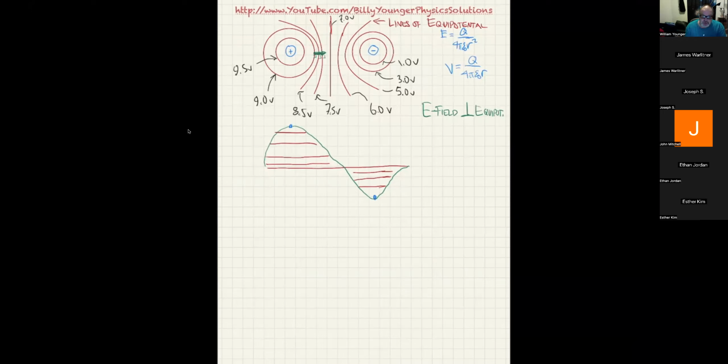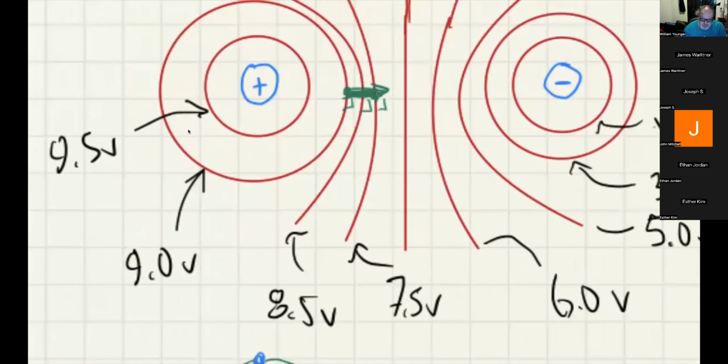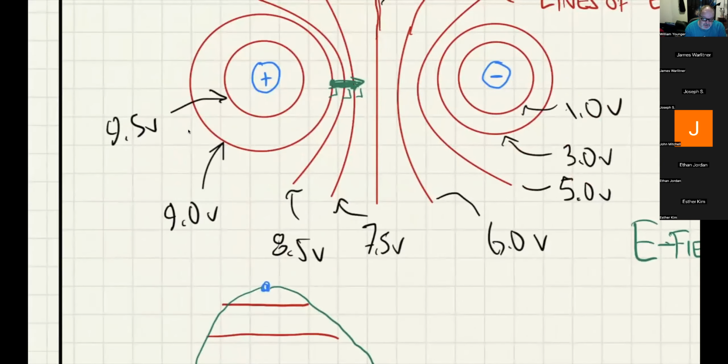And that allows you to go in and create an actual electric field. So right here, going back to my red, let's use green for the electric field.